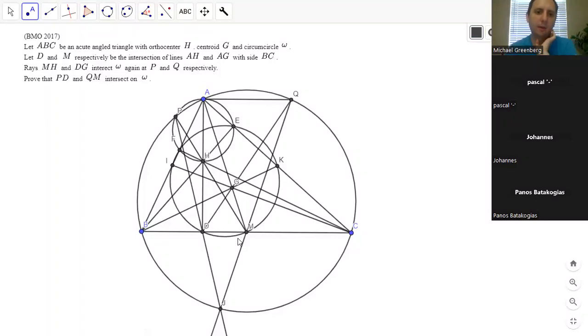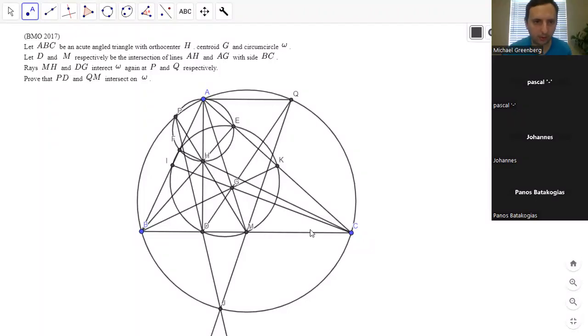Does MAQ equal MP? Okay, so DJM is 180 minus this angle, like AQJ, minus this angle JDC.